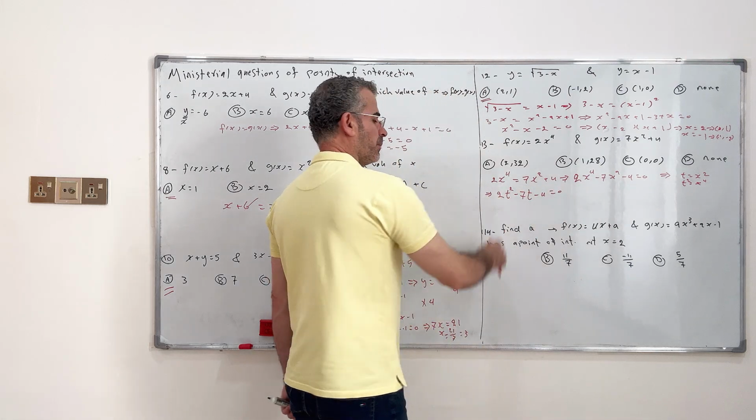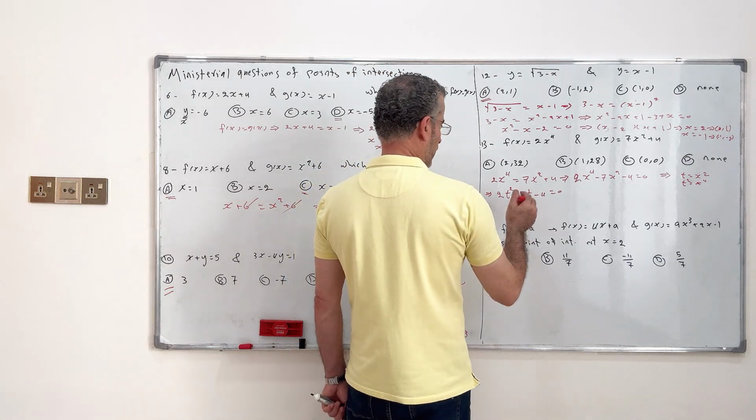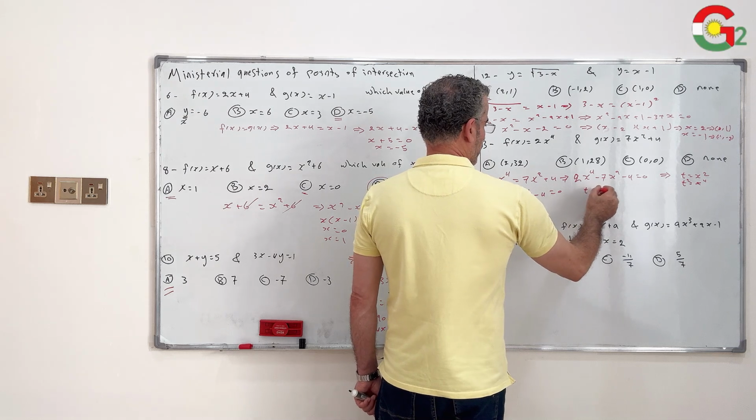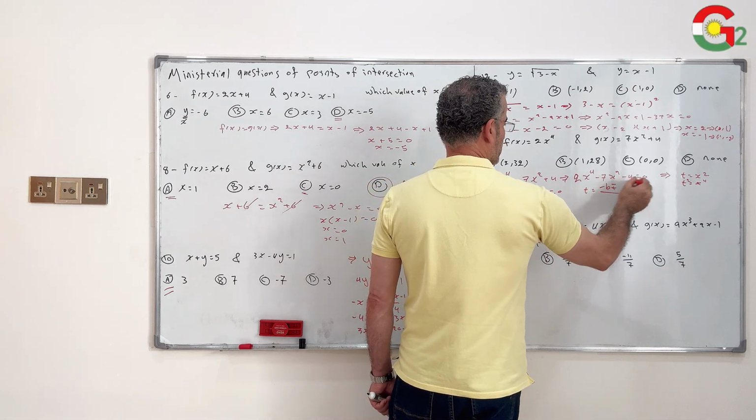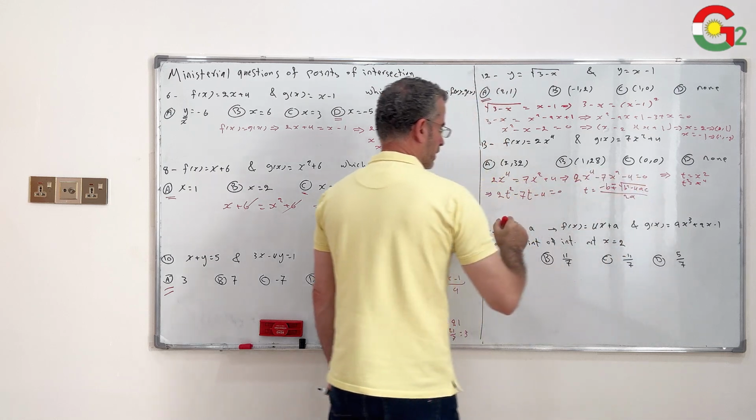Now I have a quadratic function. I solve it by the quadratic formula: t equal to minus b plus or minus square root of b square minus 4ac over 2a.